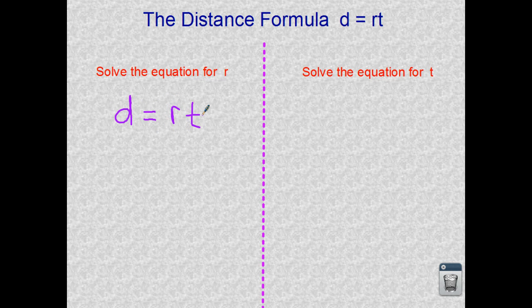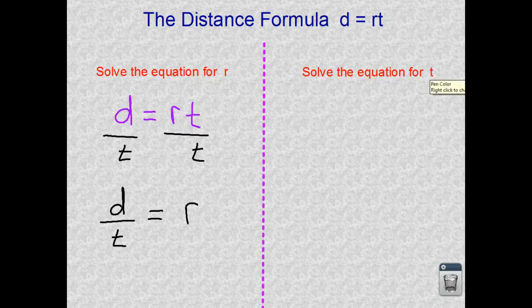Well, it is touching the T, so the inverse operation would have to be division on both sides. And if we're solving for R, we want to get rid of the T. So T cancels out, and R, the rate, is equal to whatever the distance they tell us divided by the time that they give us. And that will tell you your rate of speed.